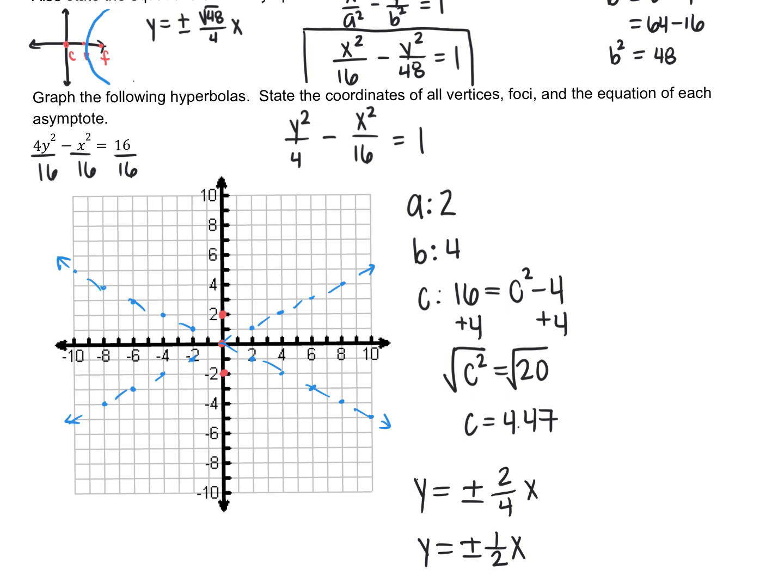So the way our hyperbola is graphed is it goes through our vertex, but it follows the slope of our asymptotes. And that's how we get the shape of our hyperbola.